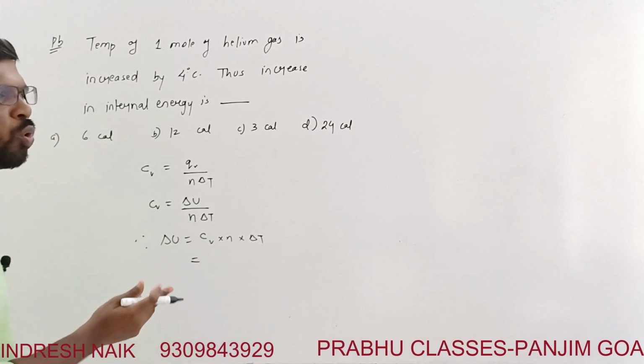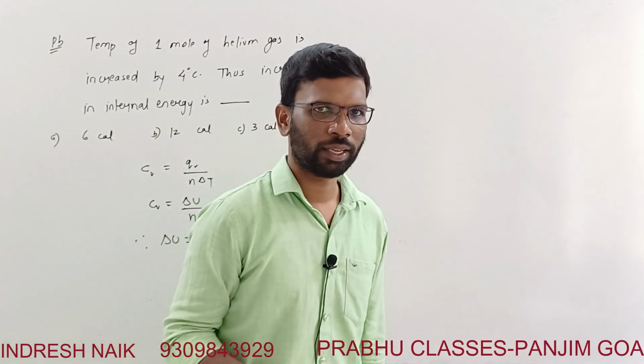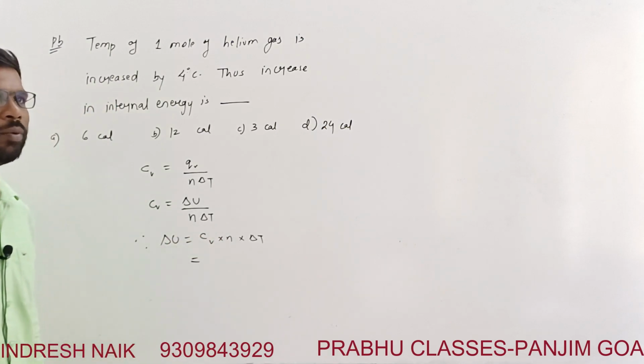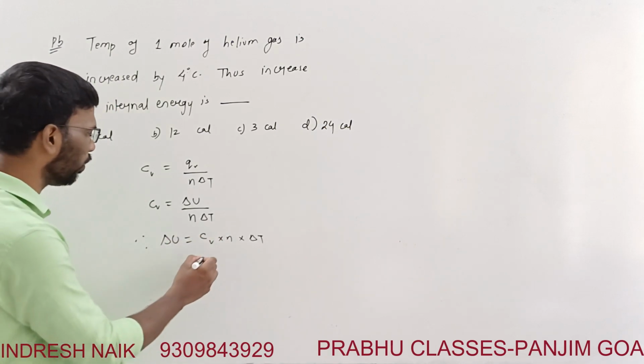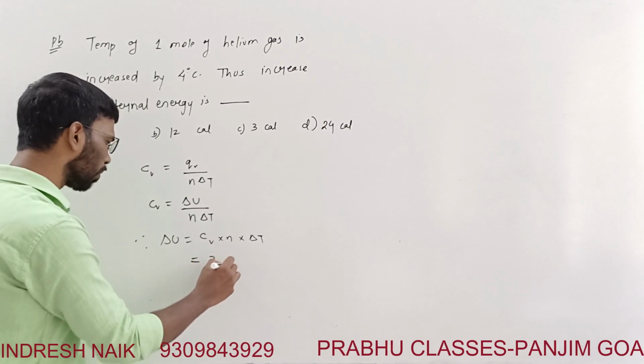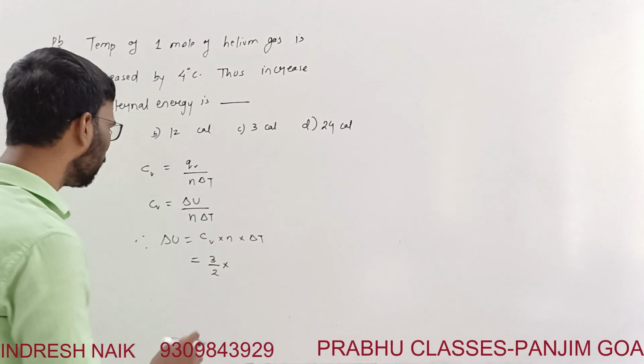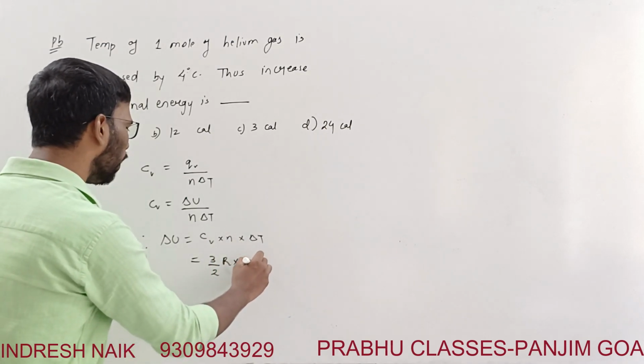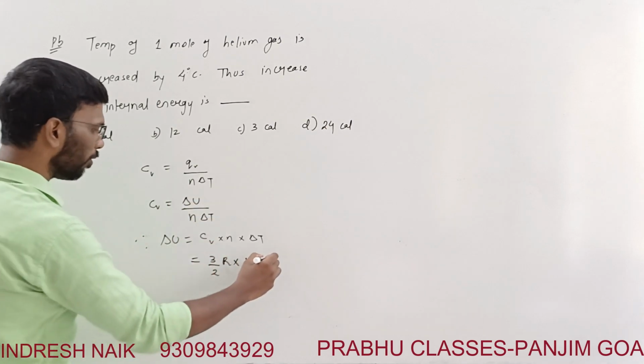Helium is a monoatomic gas, so for helium Cv is 3 by 2 times R. Number of moles is 1, and delta T is 4 Kelvin.